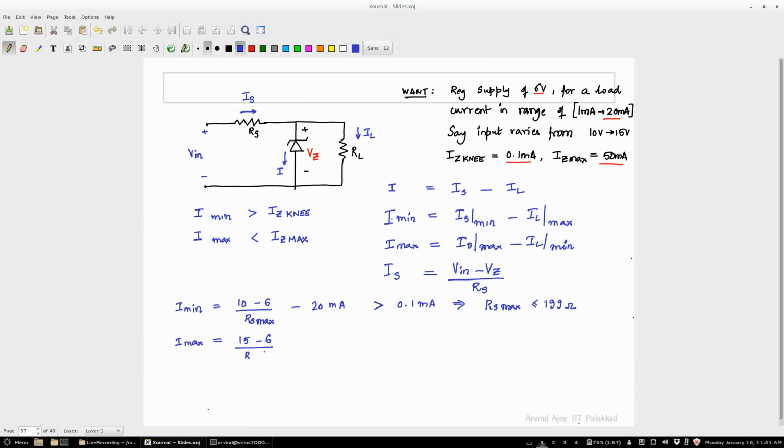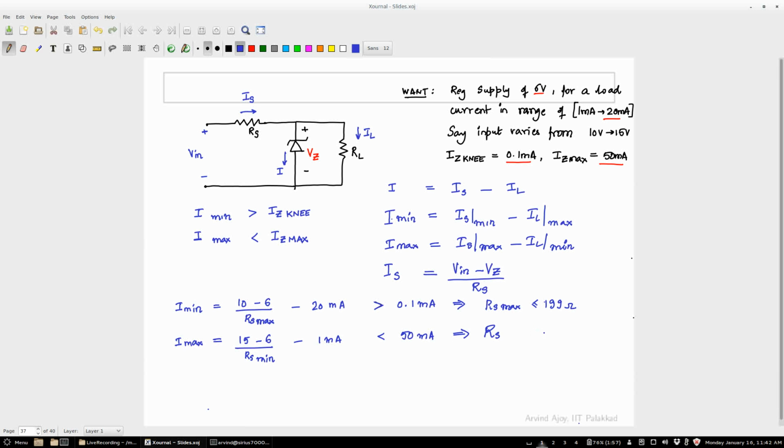And similarly, I can find out for I max. I go to I max, and max will appear when Vin is at its highest value. It's the highest of Vin, 15. So 15 minus 6 divided by RS should be min or max? Min, right? I haven't told you yet why I am saying RS max, but it will become clear as I finish.